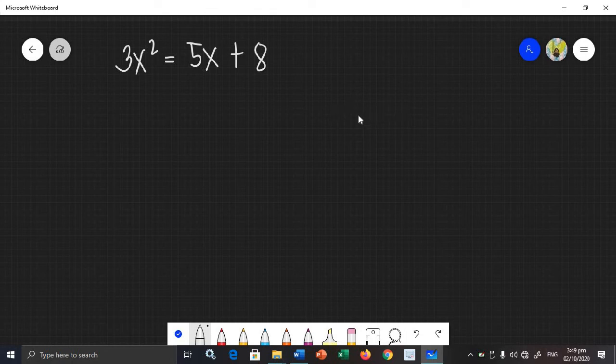Hindi ba, ang hassle kung dalawang term yung i-move natin to the left side of the equation. Pwede namang si quadratic term yung i-move natin sa right side ng equation kasi isa lang naman siya, okay? Pero sabi ni teacher, as much as possible, positive dapat siya.